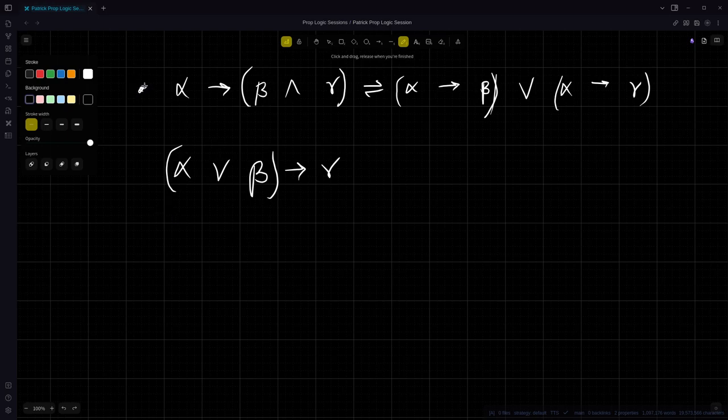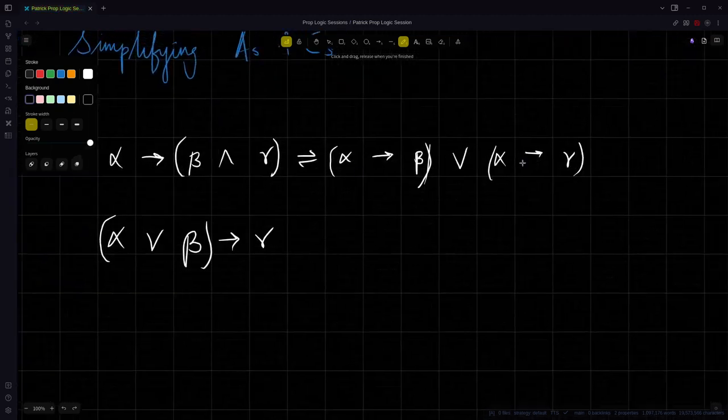Just before we do that one, on the top, on the right-hand side, so alpha implies beta or alpha implies gamma, it's not possible to do a simplification on this one, right? No, simplification only works with conjunctions. Wait, what do you mean? Because before we just had the proposition alpha implies beta, the first time we did it, and now we've got it connected to alpha implies gamma using a disjunction.